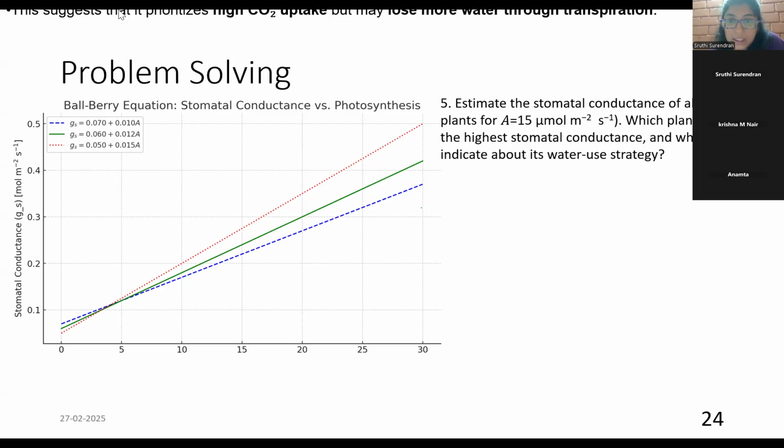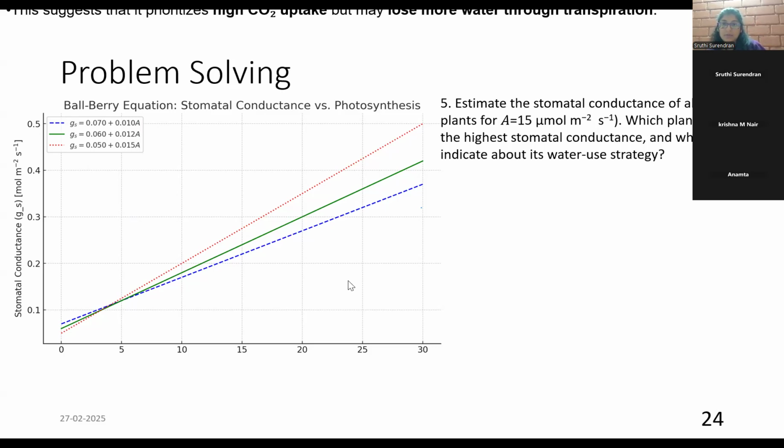Correct. Ryan, your answer is right. Maybe also write a line about what the water use strategy of this plant is, which is represented by the red line. Right. Correct. Any more answers?